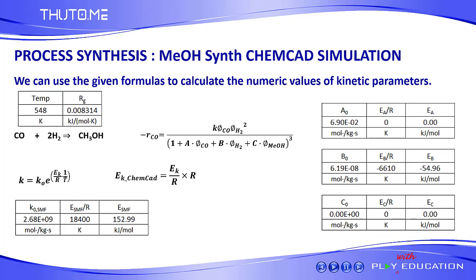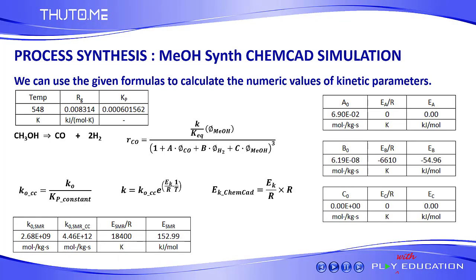We're still using the ideal gas constant here, which is 0.008314 kilojoule per mole per Kelvin. For all these adsorption parameters, we will need to do that for carbon monoxide, for hydrogen, and for methanol to get the actual adsorption energies of those reactants or products.